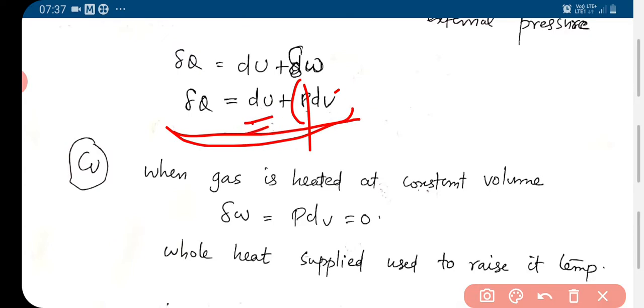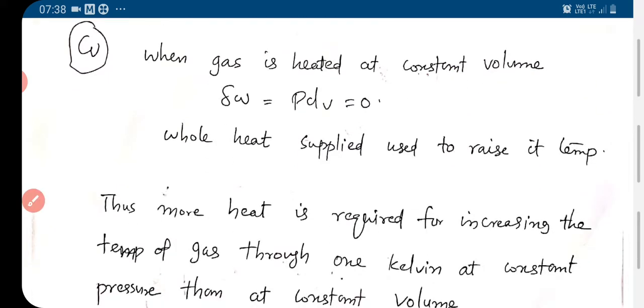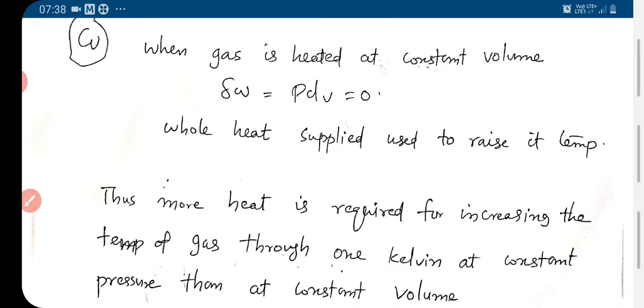But in the case of a gas heated at a constant volume, suppose the piston is fixed, that means the volume is fixed. So dV is 0, so PdV is 0. The whole heat applied is used to raise its temperature, increasing its internal energy.